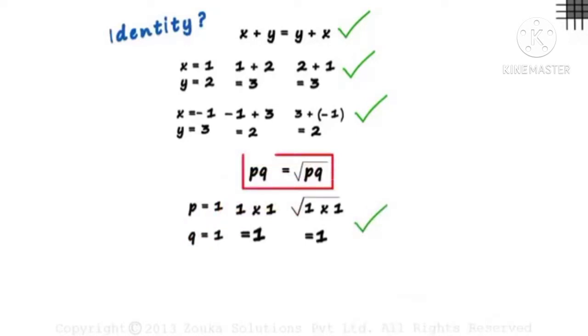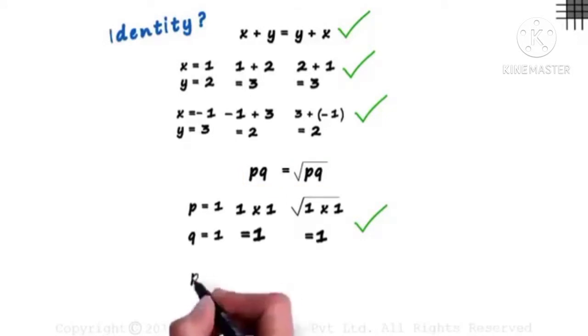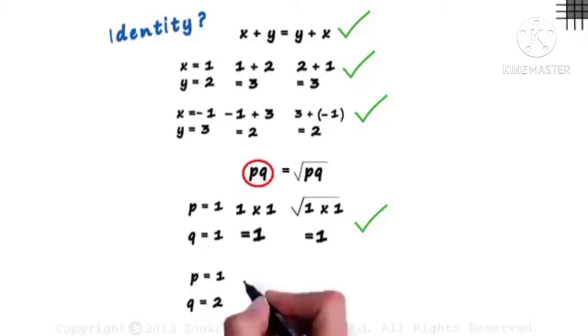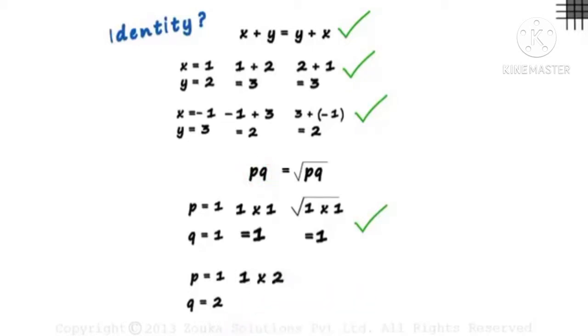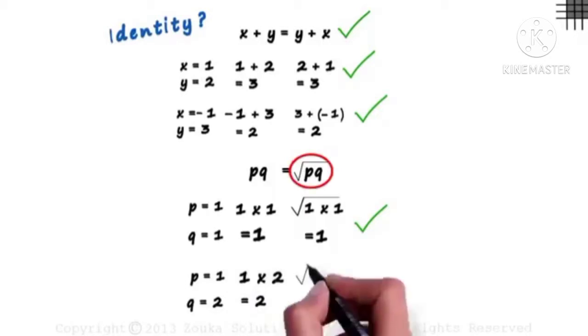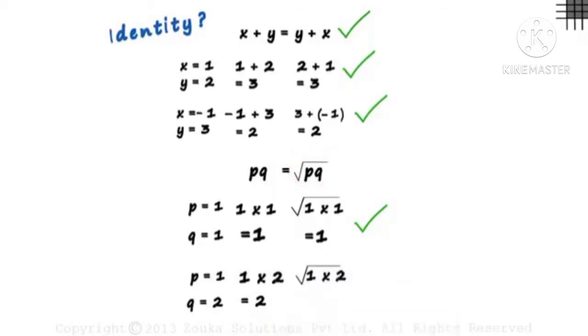So does that mean this equation is an identity? Let us try a few more values. Assume P equals 1 and Q equals 2. After we substitute these values, we get the left-hand side as 1 multiplied by 2, that equals 2. The right-hand side equals square root of 1 multiplied by 2, which equals square root of 2.